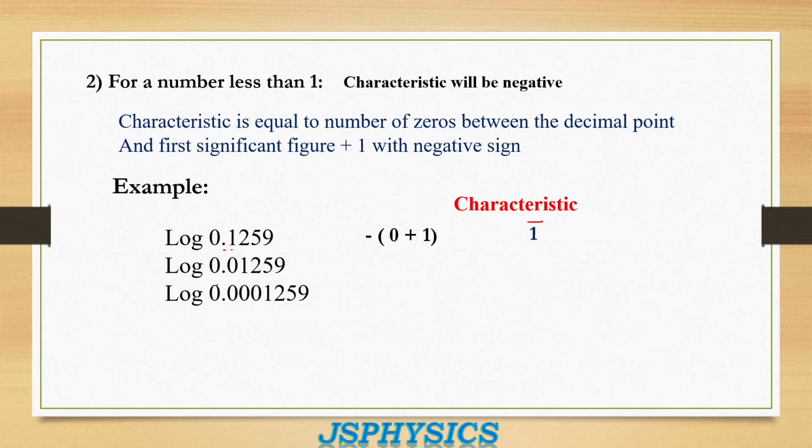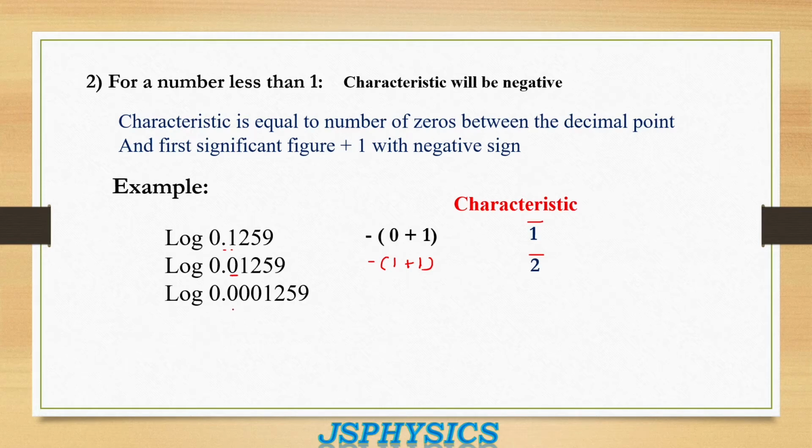Another number, let us take 0.01259. In this case, between decimal point and the first non-zero number, we have 1 zero. So number of 0 is 1 plus 1. So that will give me 2 and with negative sign. So in this case, the characteristic will become bar 2. This bar indicates it is a negative number. The third number, let us take 0.0001259.